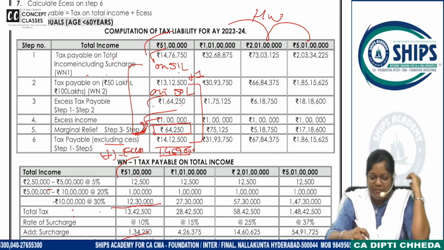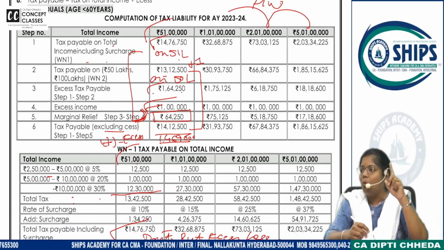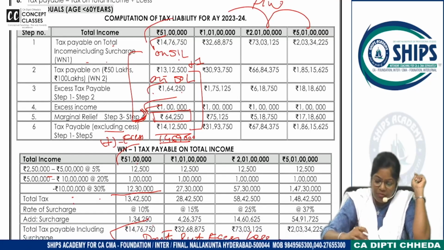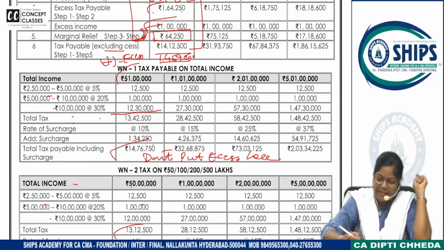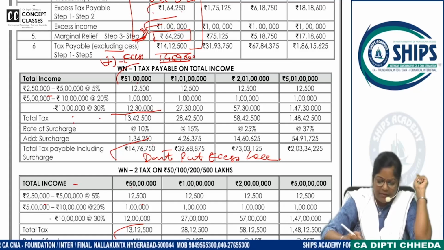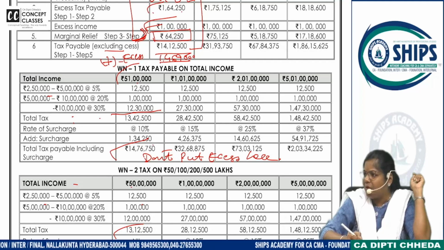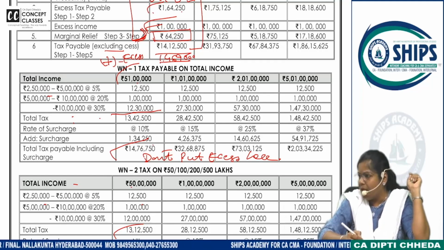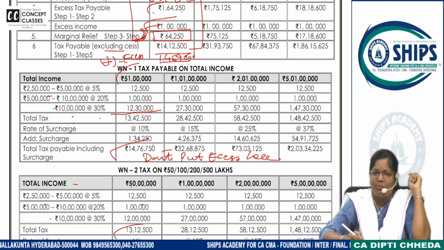Suppose the income of the individual is 5 crore and 1 lakh. So on 5 crore and 1 lakh, the tax on working note is 1,12,500, and then on the remaining 30% is coming to 1,48,42,500. So many of you are checking in the notebooks.